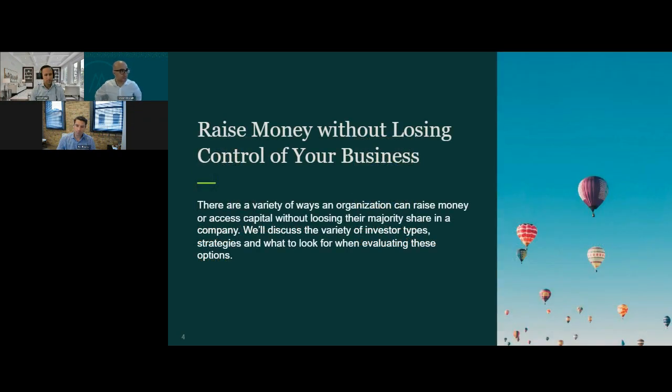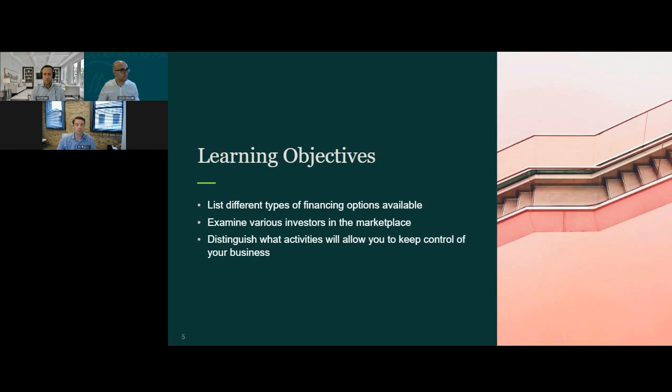So obviously, there are different ways an organization can raise money and access capital. There are multiple alternatives and schemes that investors use in providing that level of financing. It could vary by the size of the company, the industry, the stage where they're at, a lot of variables.